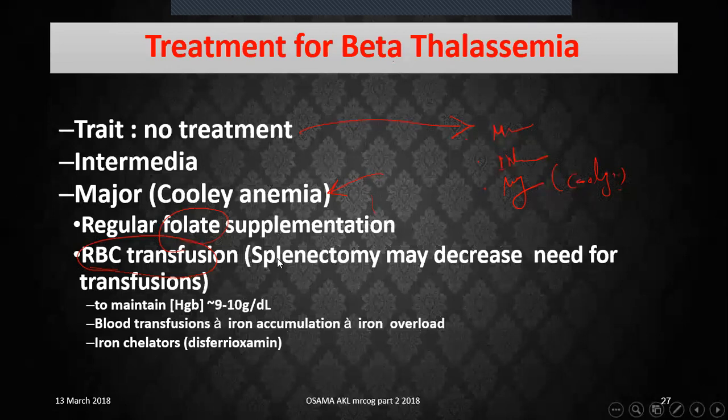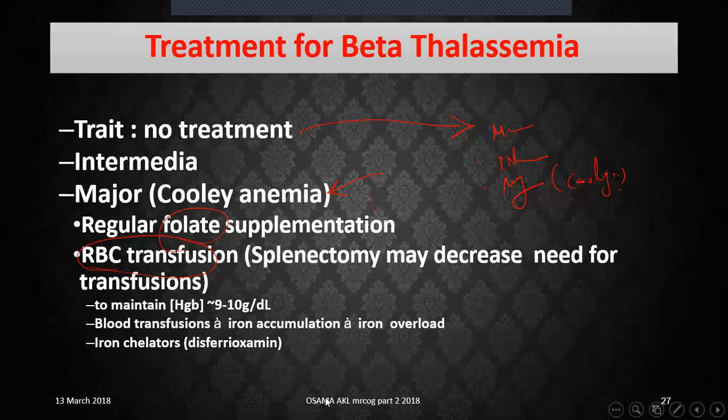Another measure needed, as we said, these patients already have iron overload, so we need to give iron chelators. This iron is deposited in many organs, causing dysfunction in many organs, so it's important to give iron chelators.